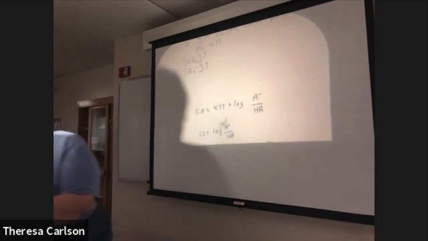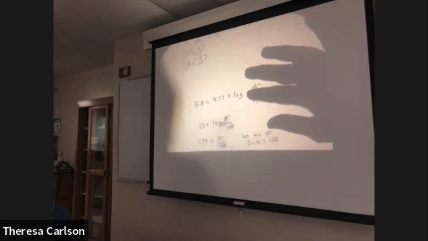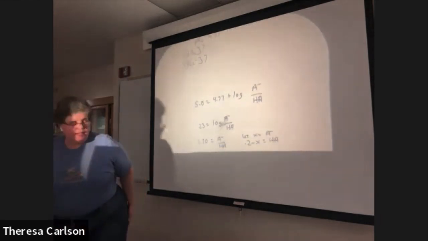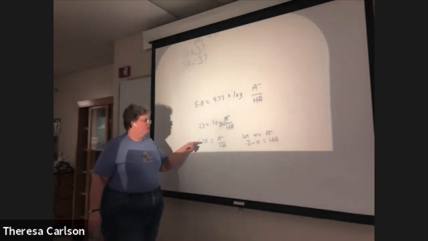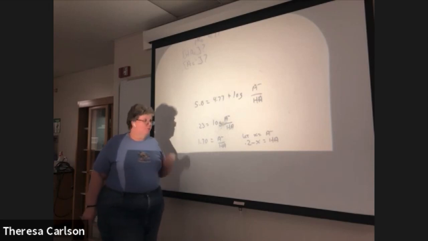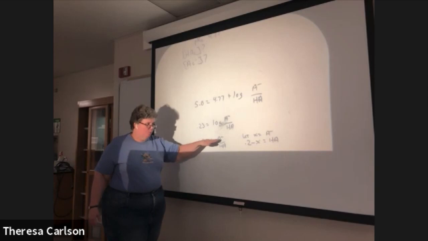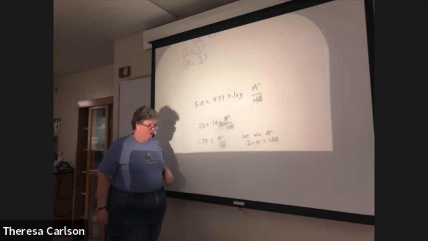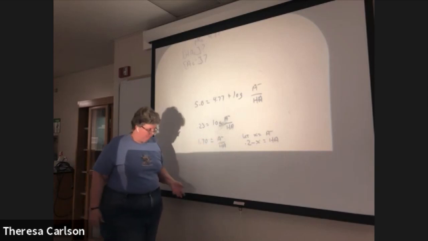Well, then you need to take the inverse log of both sides. So the inverse log of 0.23 is 1.70. The inverse log of log of A minus over HA is just A minus over HA. So you have A minus over HA is 1.70. In other words, there's 1.70 times as much of the A minus as there is HA.